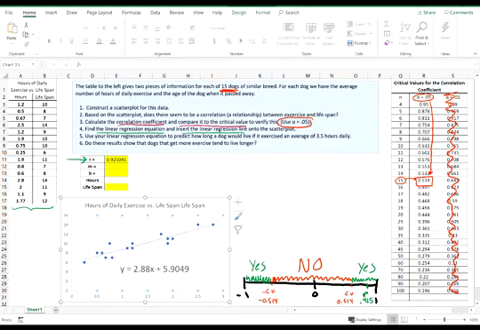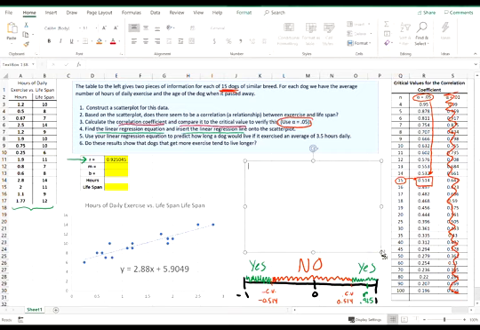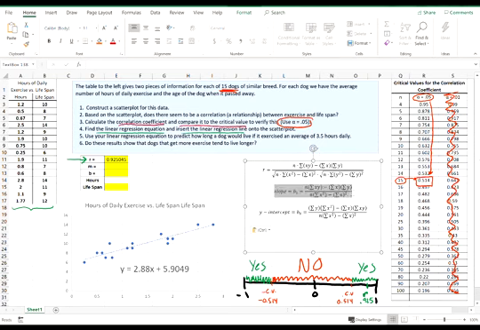So what we just did was this equation and this equation, the slope and the y-intercept, these insanely complicated equations to do by hand with paper and pencil on the calculator. Excel just did them for us, just by clicking that one box that said display the equation.